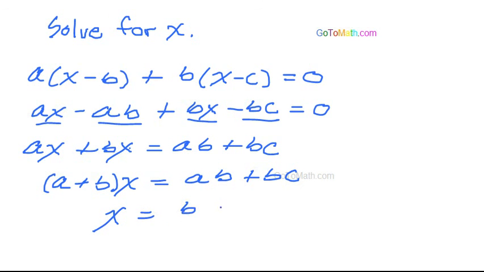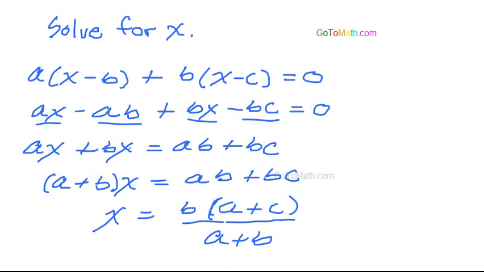Usually when I have a chance to factor, I probably will. And then we take this diagonally down, a plus b. Alright, so we have x is equal to b times a plus c over a plus b.